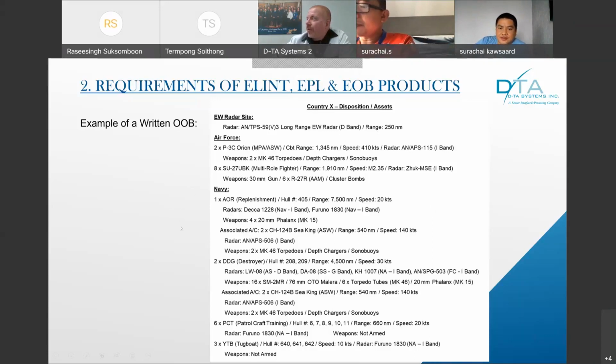So we would break down all the known assets for the Air Force, the Navy, possibly the Army. Typically, we would focus more on Air Force and Navy because those are the ones that we're going to see. So we'll break right into what they have, what the combat range might be, the speed, types of radar, known weapon systems attached to those.